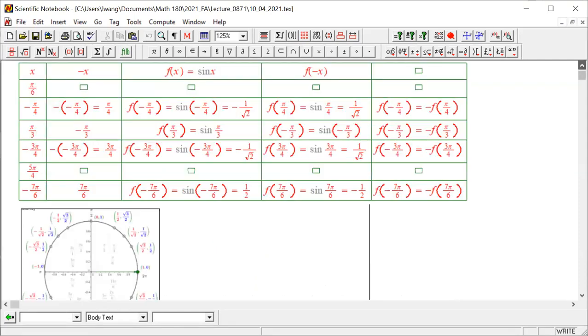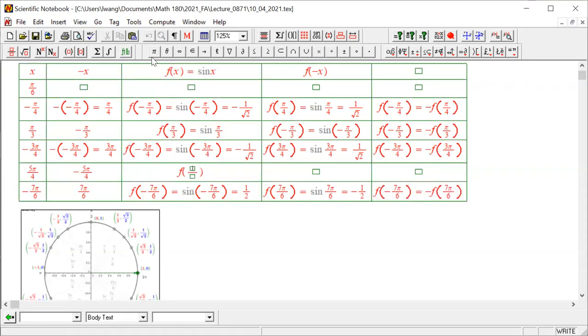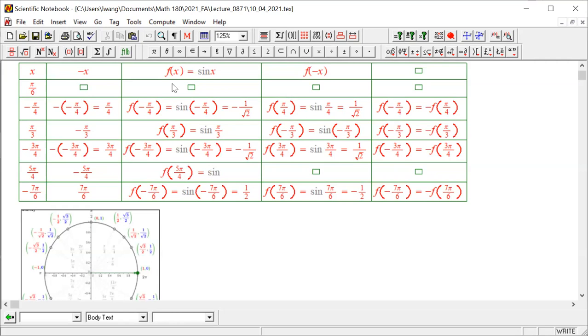And as a result, for negative 5 pi over 4, after you've done all these angles, you have no choice but to be very good at this by now. So sine of 5 pi over 4 ends in the third quadrant, and it's going to give you negative 1 over root 2.